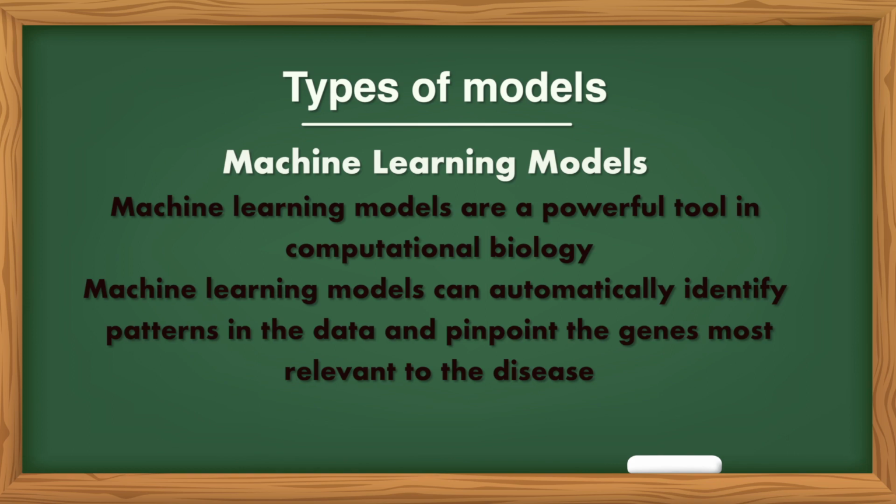Machine learning models can automatically identify the patterns in the data and pinpoint the genes most relevant to that disease. For example, there are a number of expressions happening in this particular disease, and you are seeing that these particular genes are activated during those conditions. So, machine learning models can make prediction easy.